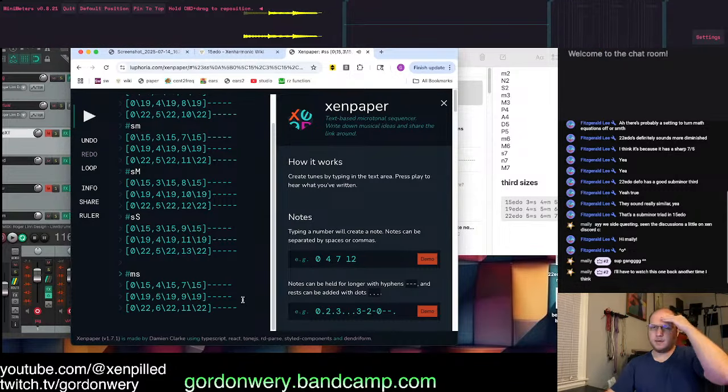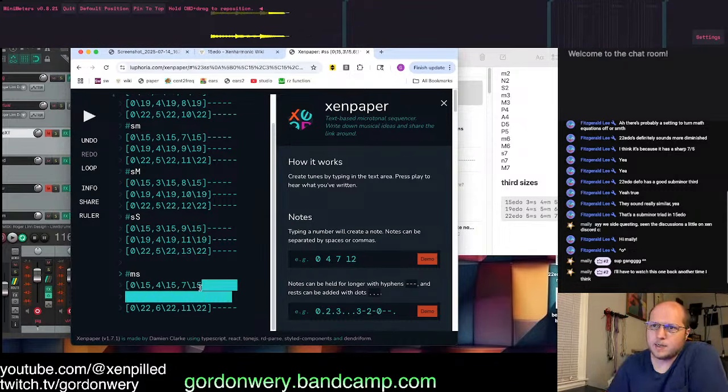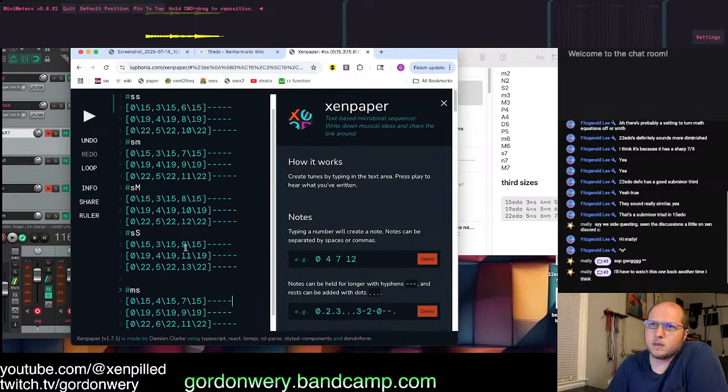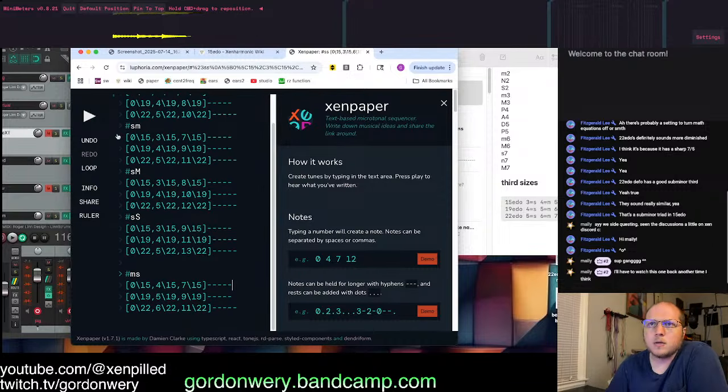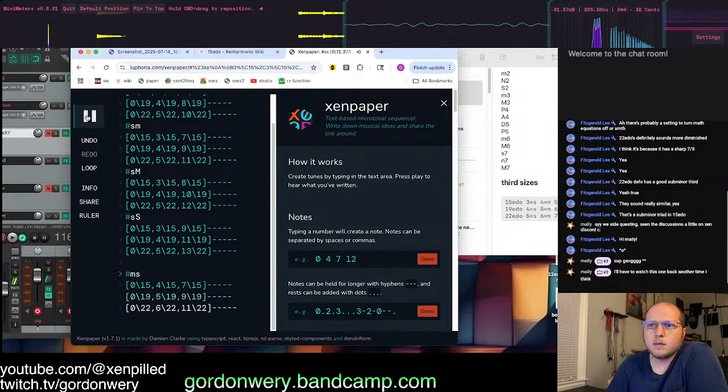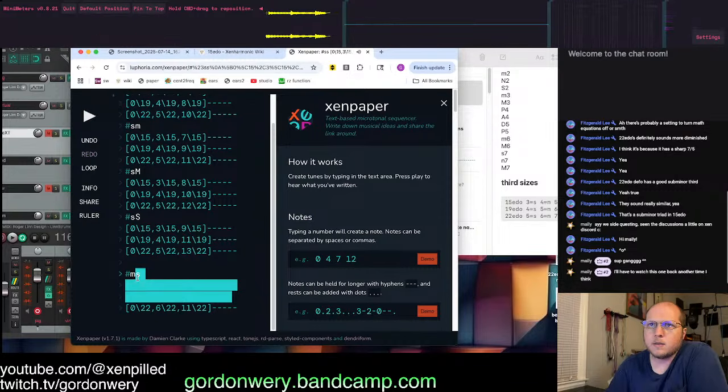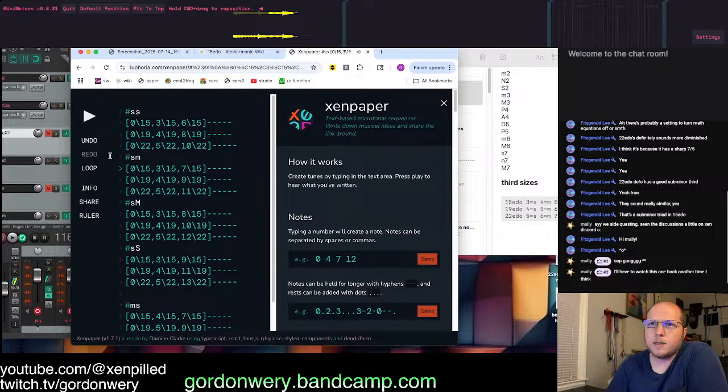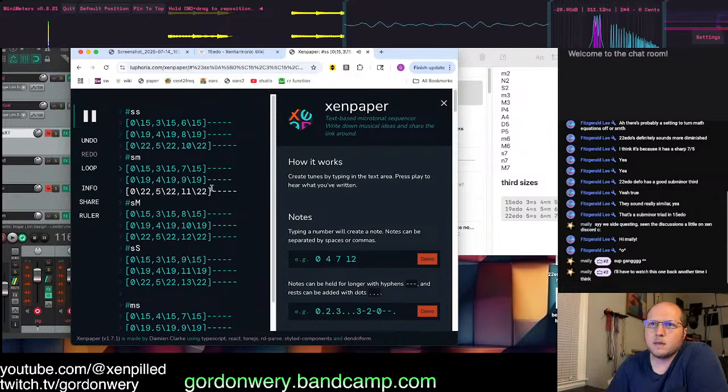So again, 15 and 19 tend to sound more similar. But they didn't on one of these chords. Which one was it? Yeah, these sound so similar. Was that the same thing here? Yeah, they sound really similar.